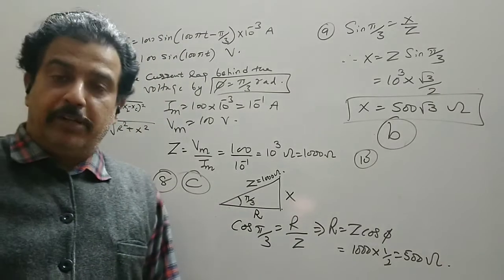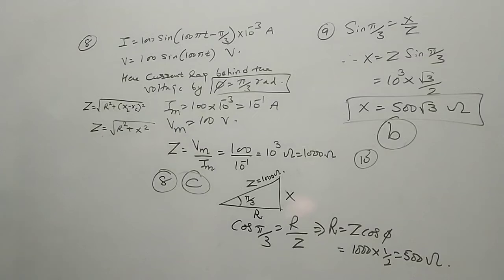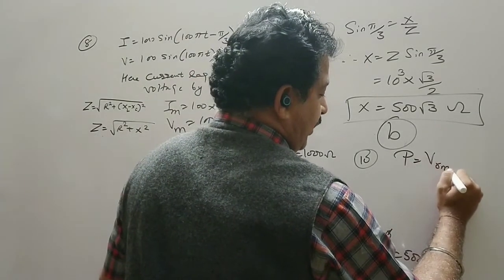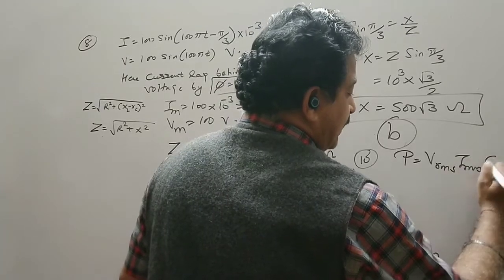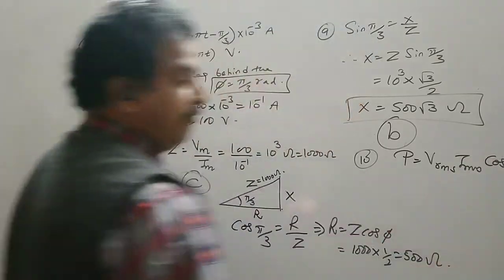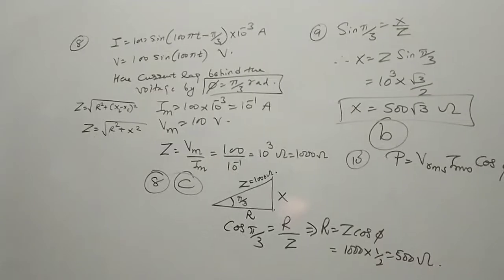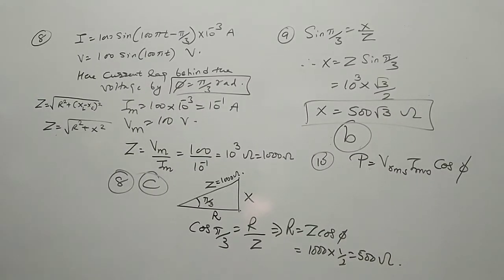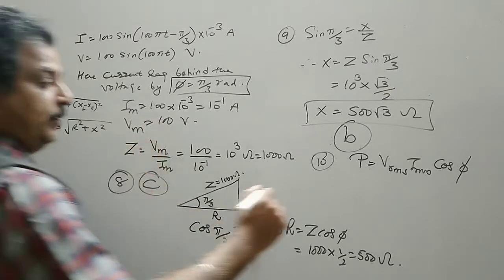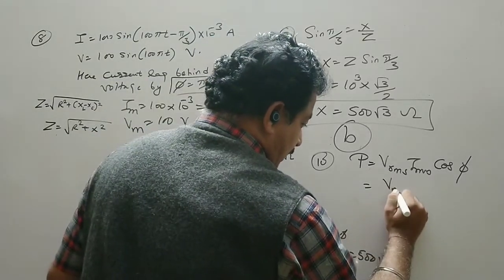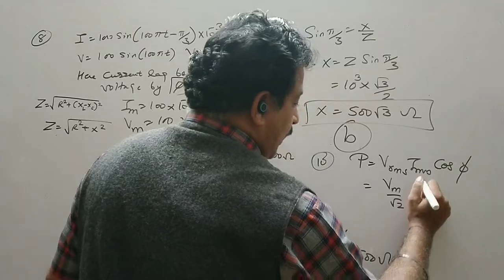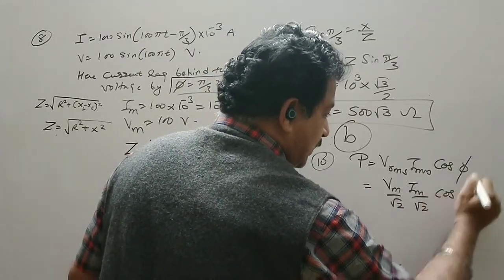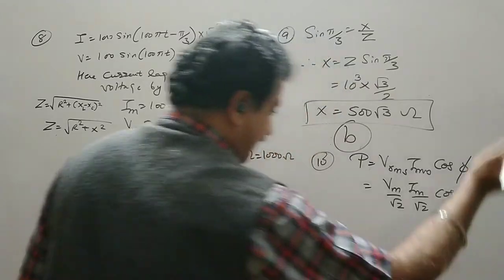Find the average power loss. Now for an LCR circuit, the average power loss is given by Vrms times Irms times the power factor, that is cos phi. So here we have to find out Vrms and Irms. Im and Vm are given. So Vrms can be written as Vm divided by root 2, Irms can be written as Im divided by root 2, and this is cos of pi by 3.